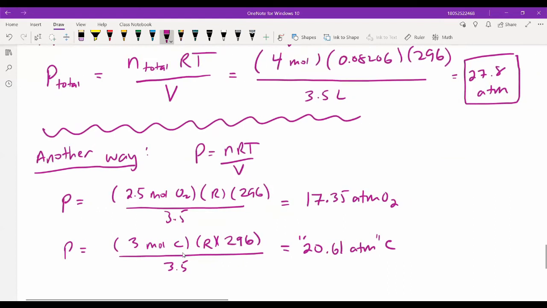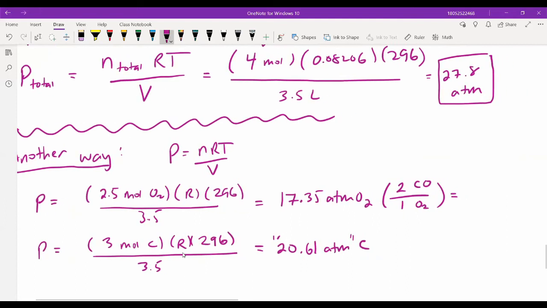So now I'm going to use the ratio of 2 carbon monoxide to 1 oxygen, and this is going to make 34.7 atmospheres of CO, and then this ratio was 2 to 2 or 1 to 1. That would make 20.61 atmospheres of CO. So again, we got the lower number.